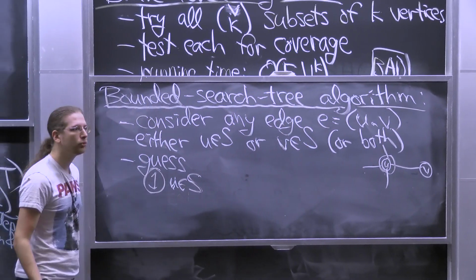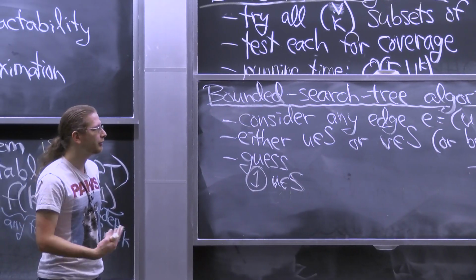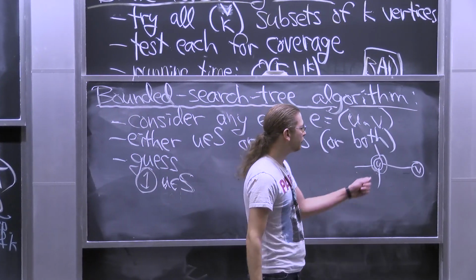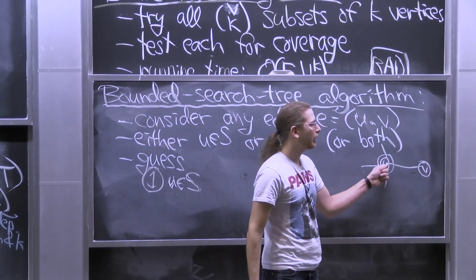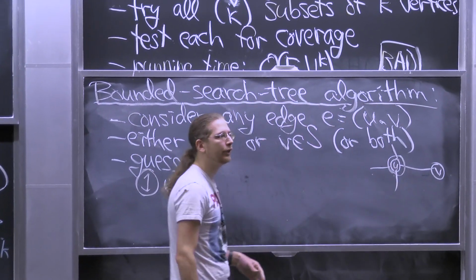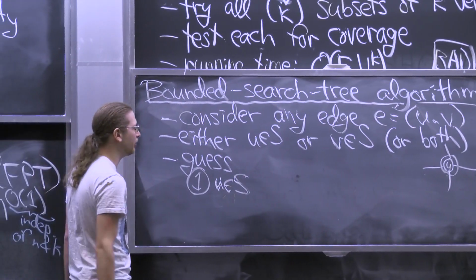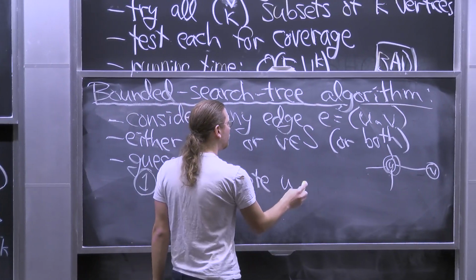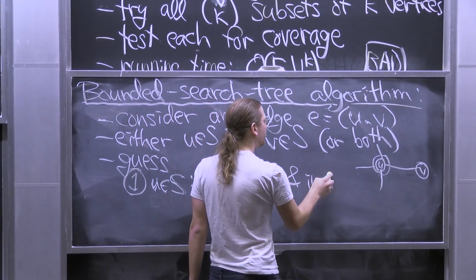So I'd like to use recursion. I'd like to simplify my problem, get another vertex cover instance. So in order to do that, I'm just going to delete U and all of its incident edges. We did a similar thing in the approximation algorithm, but for U and V simultaneously. So delete U and its incident edges.